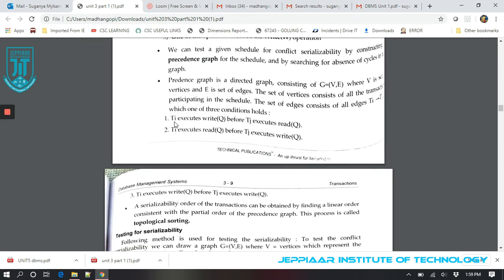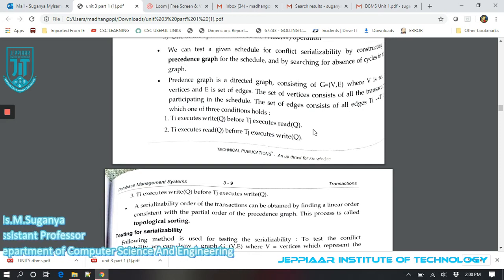First, if Ti executes a write operation on data item Q before Tj executes a read on Q, then you have to draw an arrow from Ti to Tj.